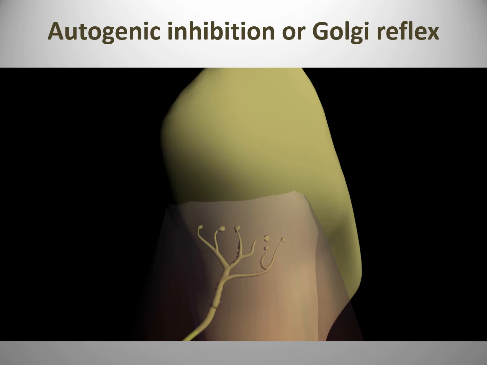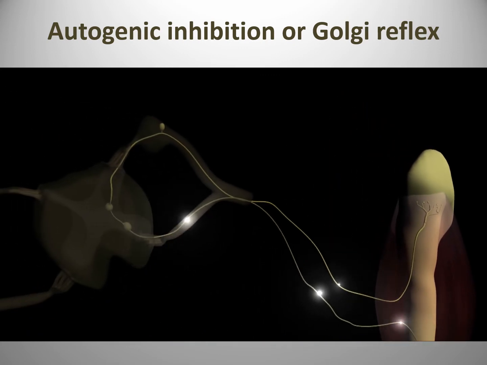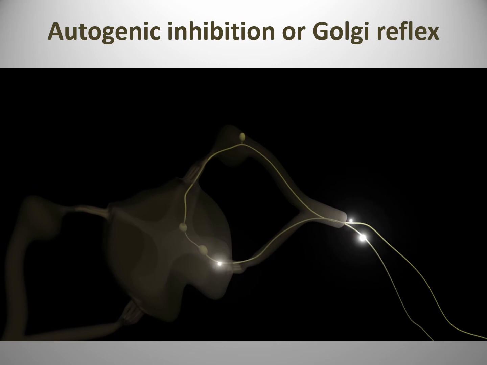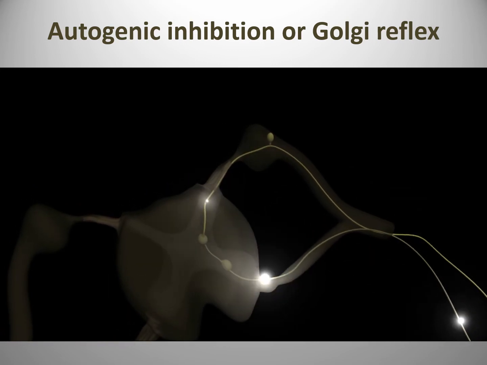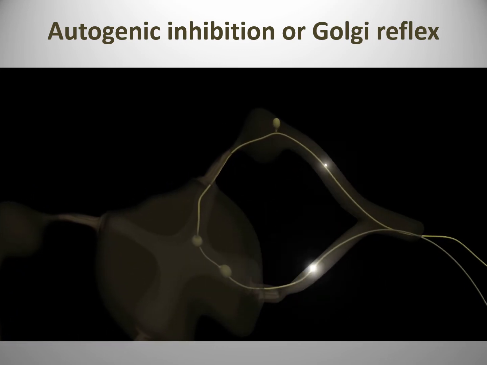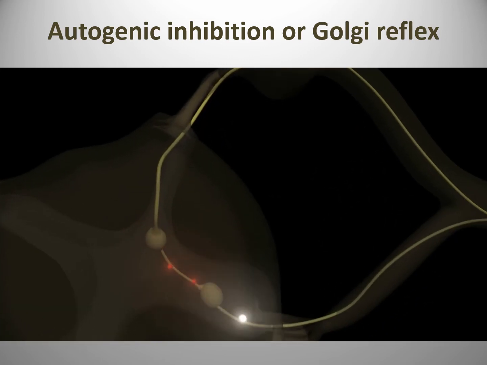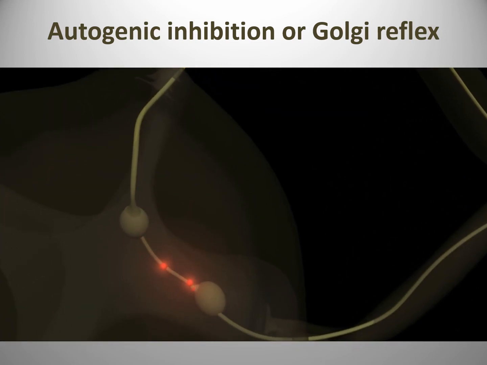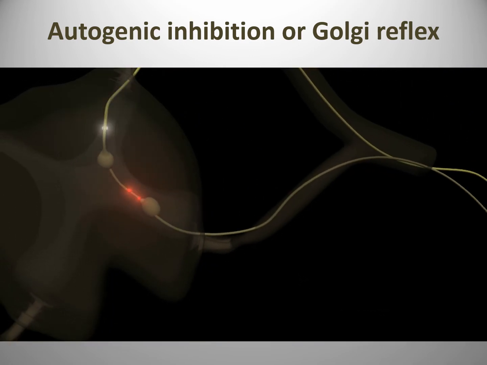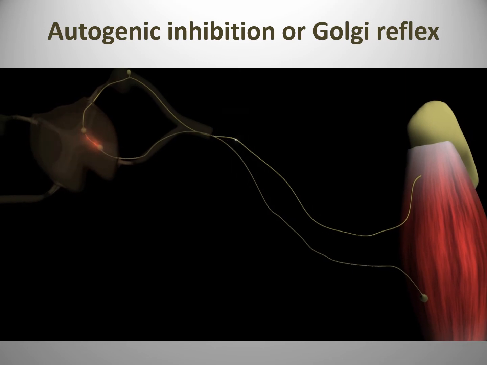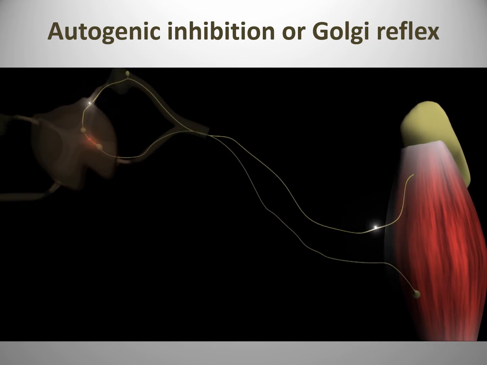If the tension is too large, then the Golgi tendon organ fires and sends an action potential which, as all sensory information, enters the spinal cord through the dorsal root, and in the gray horn it synapses with an inhibitory interneuron, which in turn synapses with the alpha motor neuron that connects to the extrafusal fibers of that muscle.